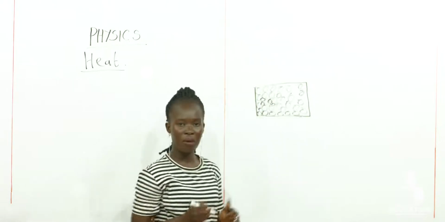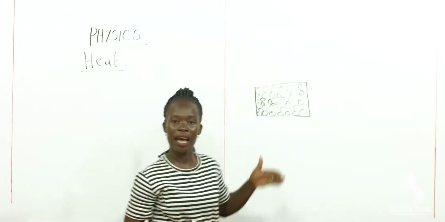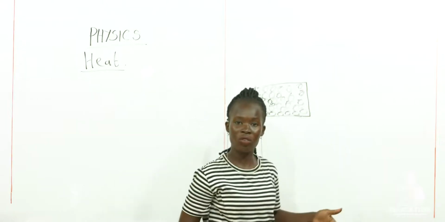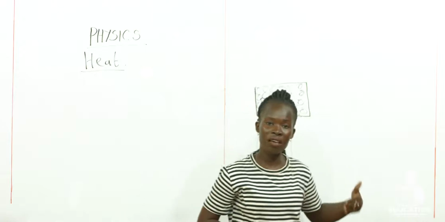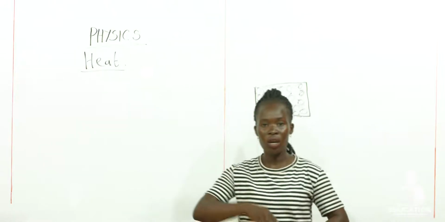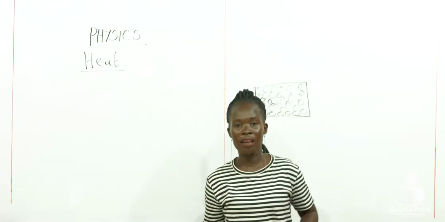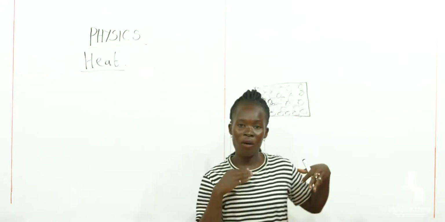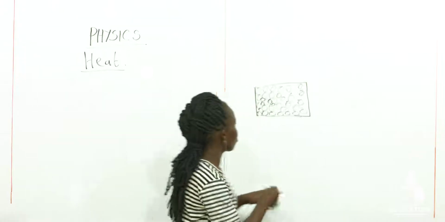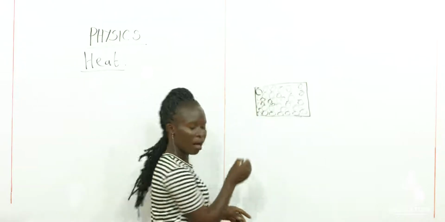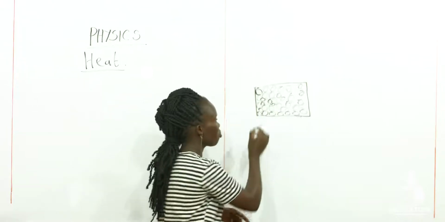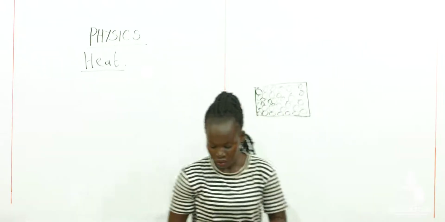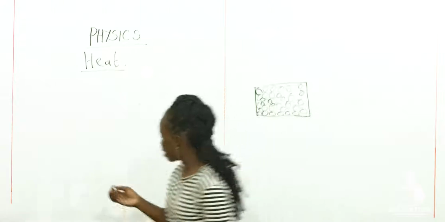As they vibrate, they lose their energy to the nearby electrons, and those electrons also lose their energy to other electrons they come into contact with. That will make the whole energy that was just received by one electron to be distributed in the whole system.